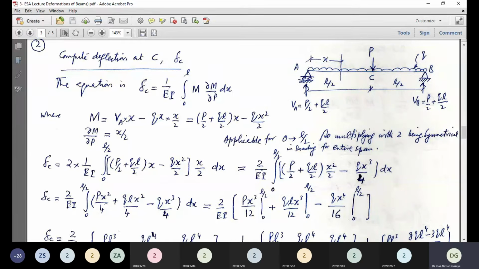VA into X, positive आएगा because it is creating tension at the bottom fiber. So अब ये जो top, ये जो UDL लग रहा है over span X, it will be QX into X by 2, acting at X by 2, QX into X by 2. So now substituting the value of VA, P by 2 plus QL by 2 into X minus QX square over 2. जी, इस मूवमेंट की आपको समझ आ गई है कैसे आया ये.